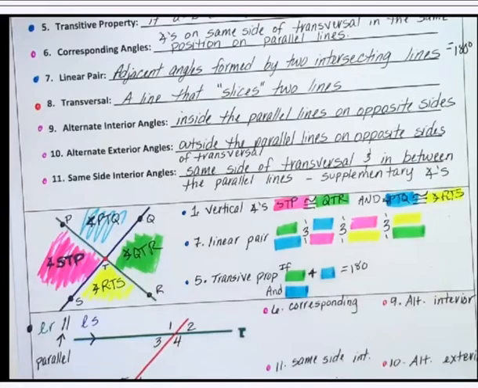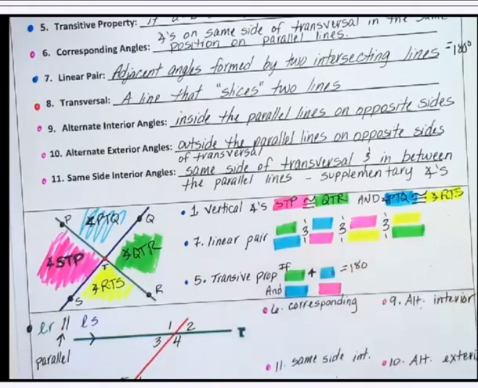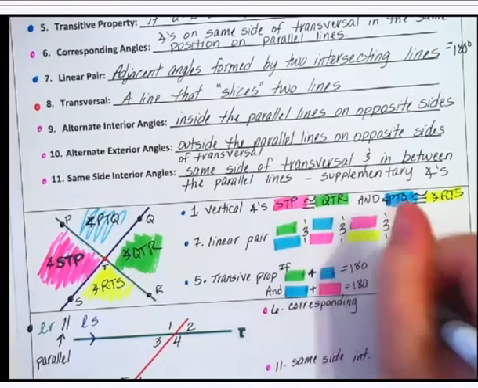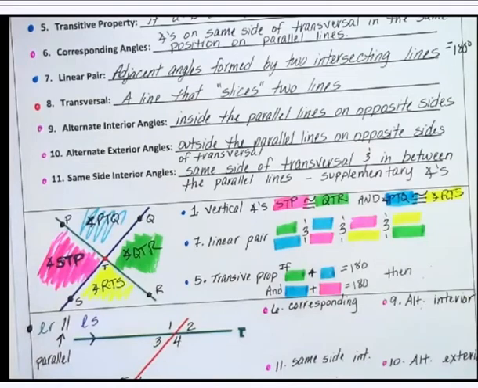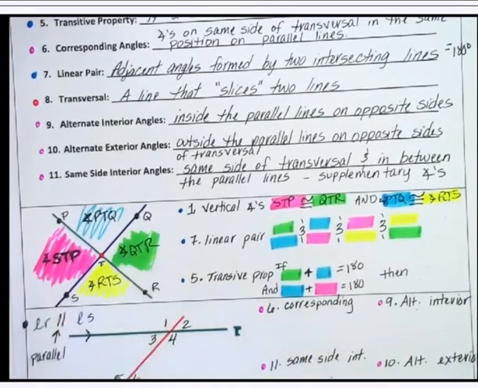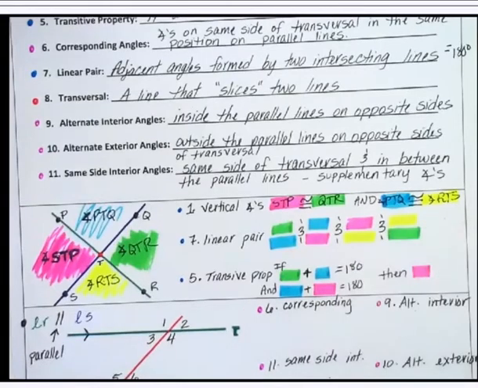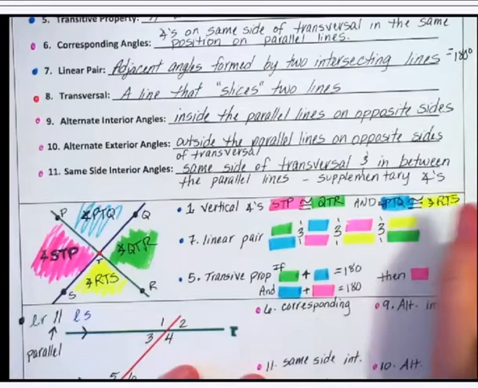Blue plus pink equals 180. Then pink and green must be congruent to one another.